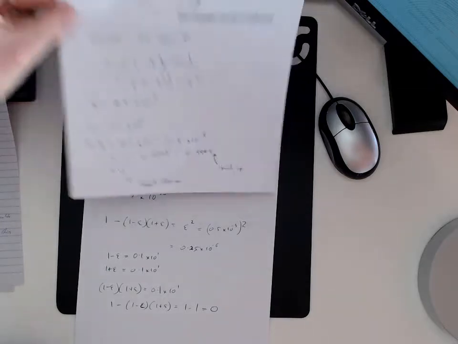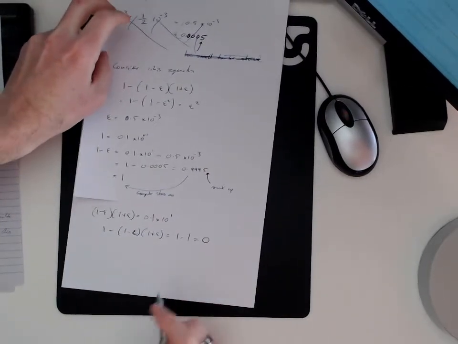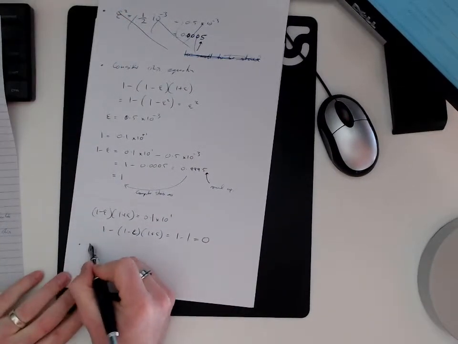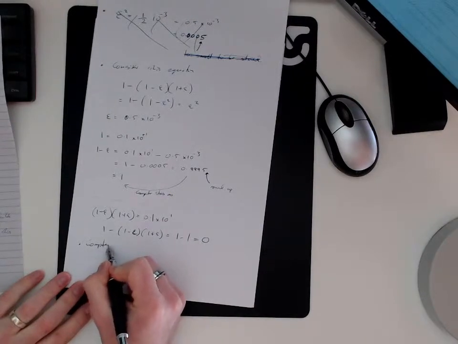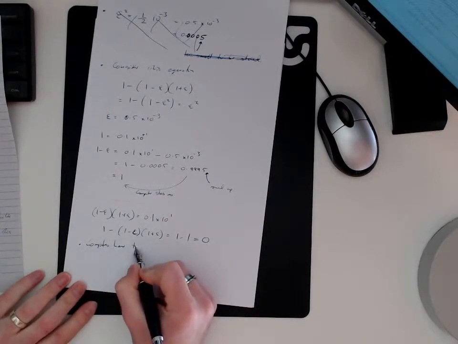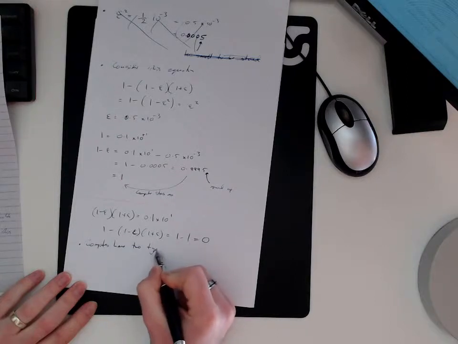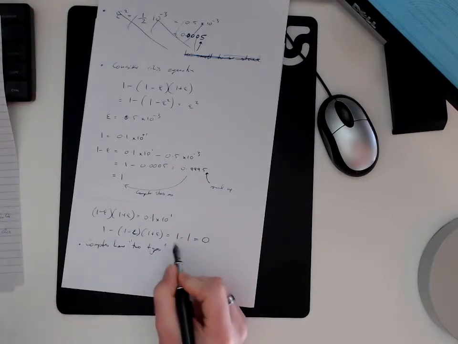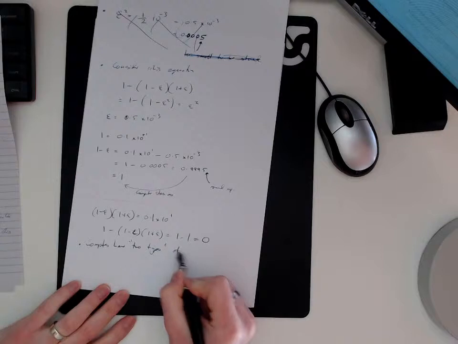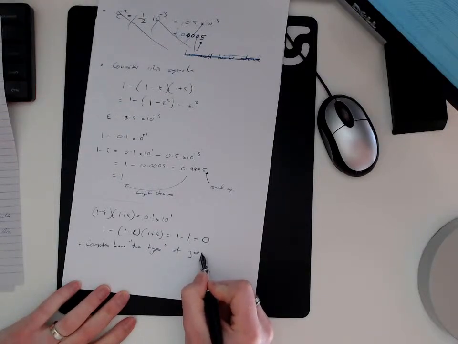Now, this has the implication, you'll see this written somewhere, that computers have two types of zeros. And this is only kind of a way of talking about it. Two types of zeros.